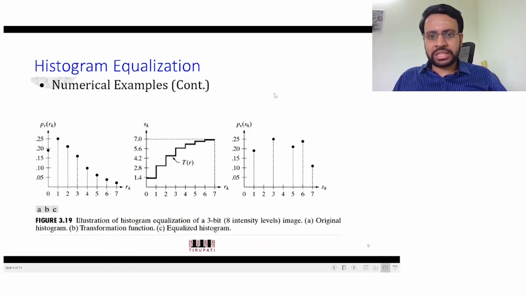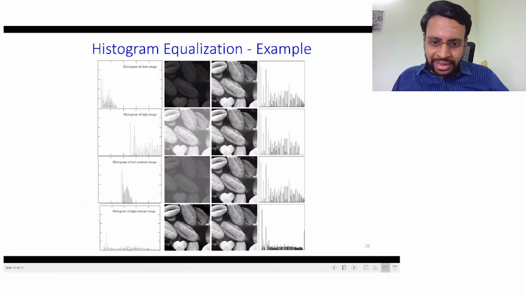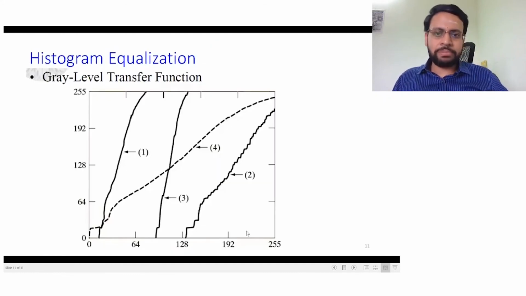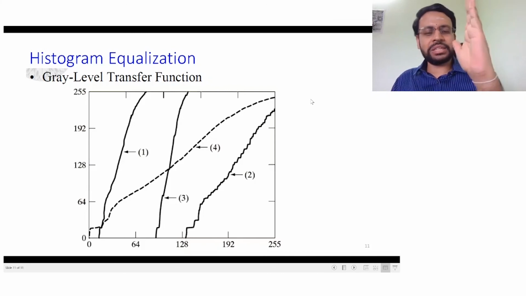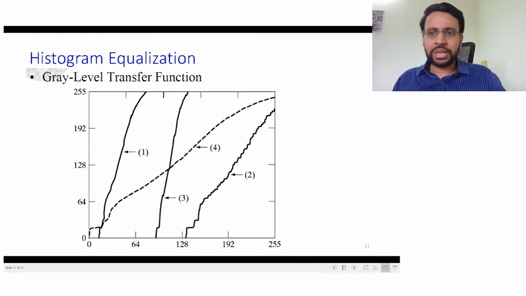And the last example here, this is a very well distributed histogram already. So even after applying histogram equalization, there is not much difference. The same thing you could see here, this is having more or less a 45 degrees angle, and there are no steep curves anywhere except some adjustments here and there.